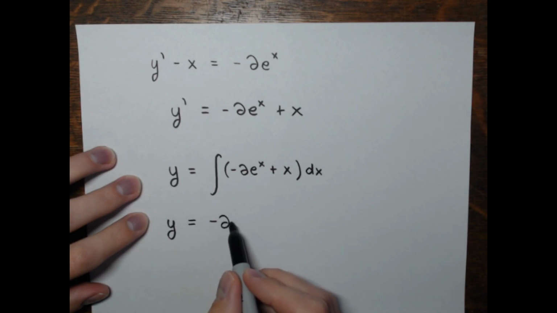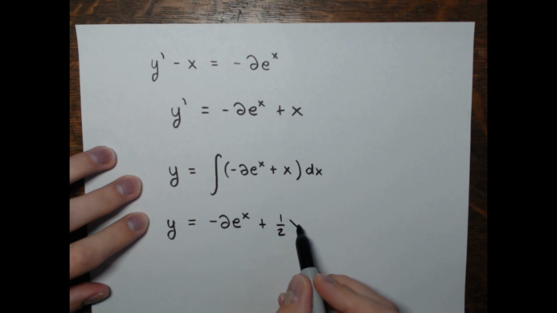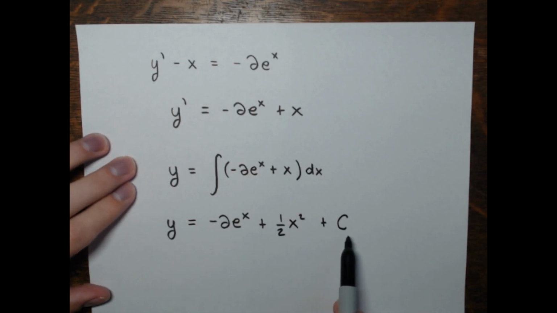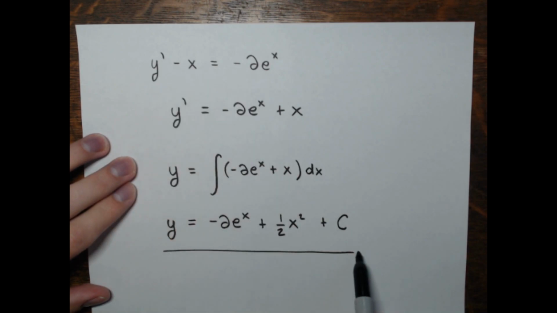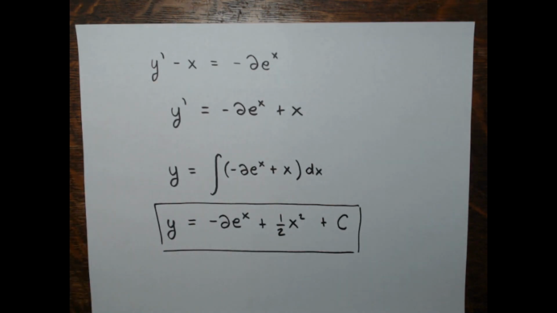This would be -2 e to the x plus 1/2 x squared. And then, of course, it's an indefinite integral, so I could throw on any constant and we'd get another solution, something that would satisfy our initial differential equation. So here we go. This is what I shall be entering.